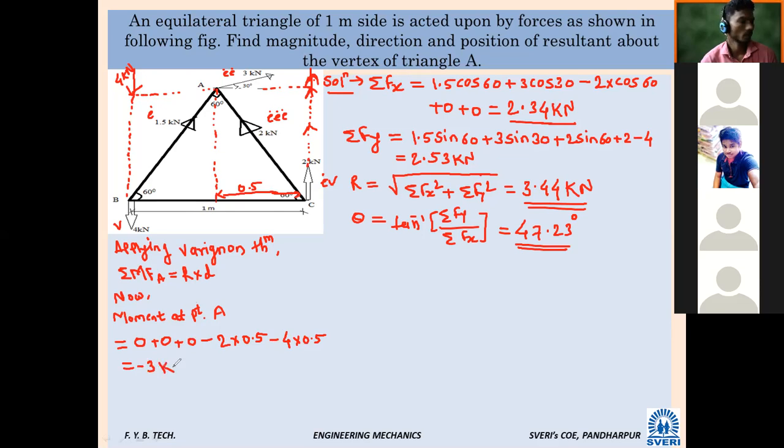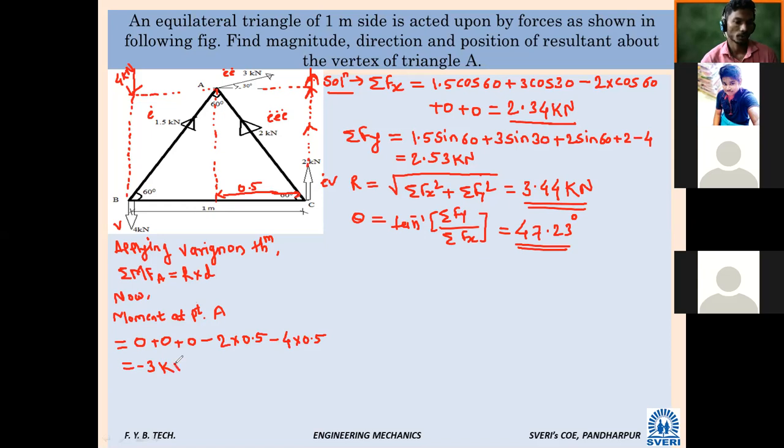Kilonewton meter, Newton meter. So from equation number 1, what can we write now? Is it possible to calculate from equation number 1? Yes, sir. What will it be?